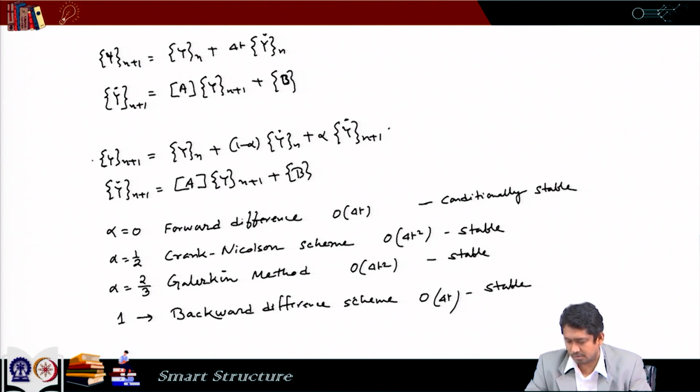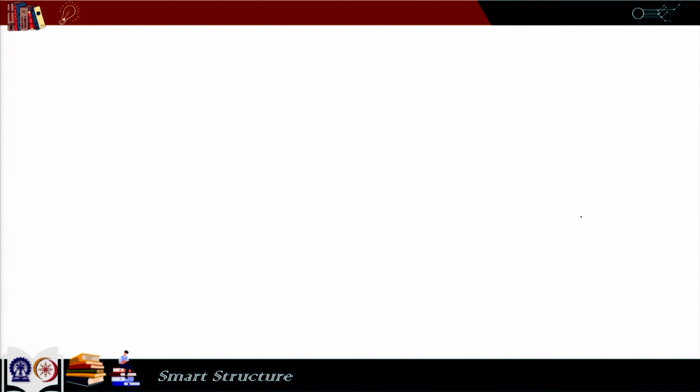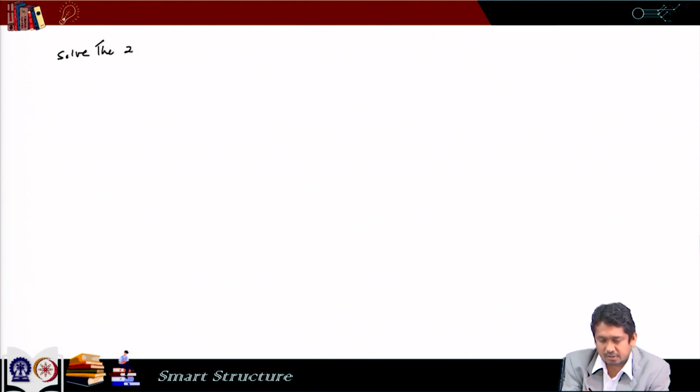Now, we will discuss the other option, where we solve the second order differential equation. So, here we do not convert it to first order differential equation.